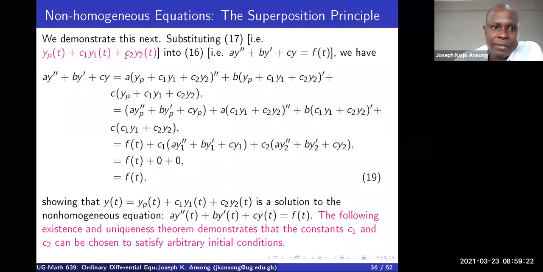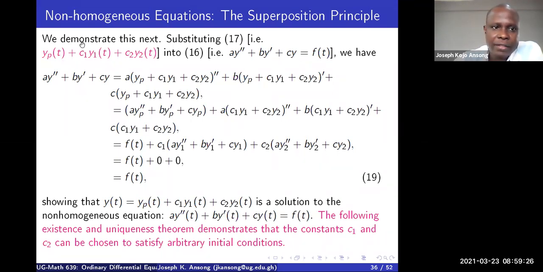So I just call this y and put it in here. Wherever I see y, I substitute all of this expression in it, and see whether the right-hand side goes to f of t. The left-hand side is a times y double prime, which is the second derivative of all of this, plus b times the first derivative, and then c times y, which is all of this.